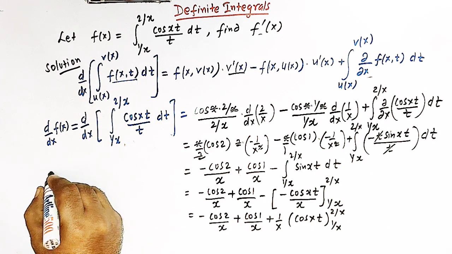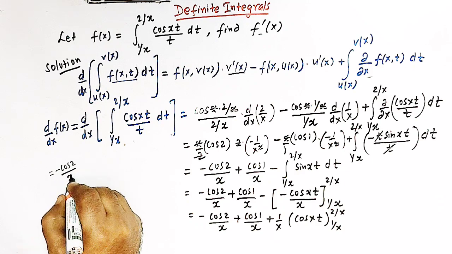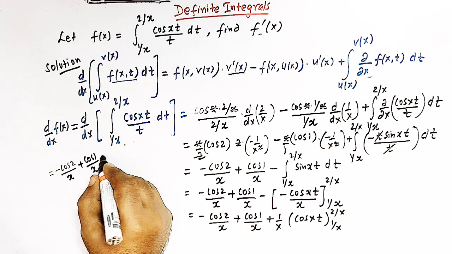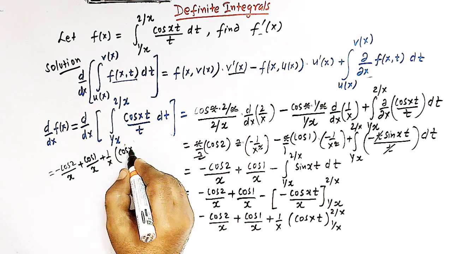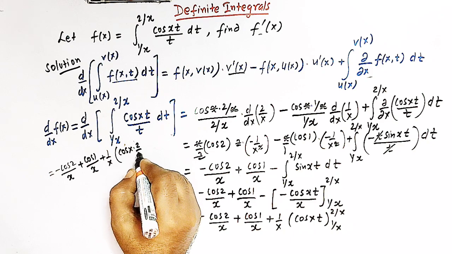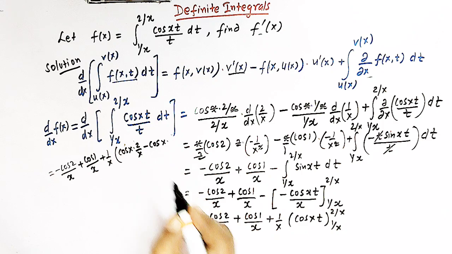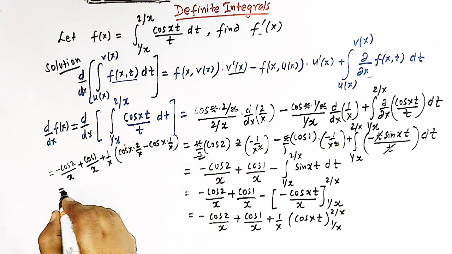So now we have minus cos of 2 over x plus cos of 1 over x, and here we have 1 over x, and now substituting the limits and taking the difference, first we'll take t is equal to 2 over x, so we have cos x times 2 over x minus cos of x times 1 over x, and now we can simplify it.